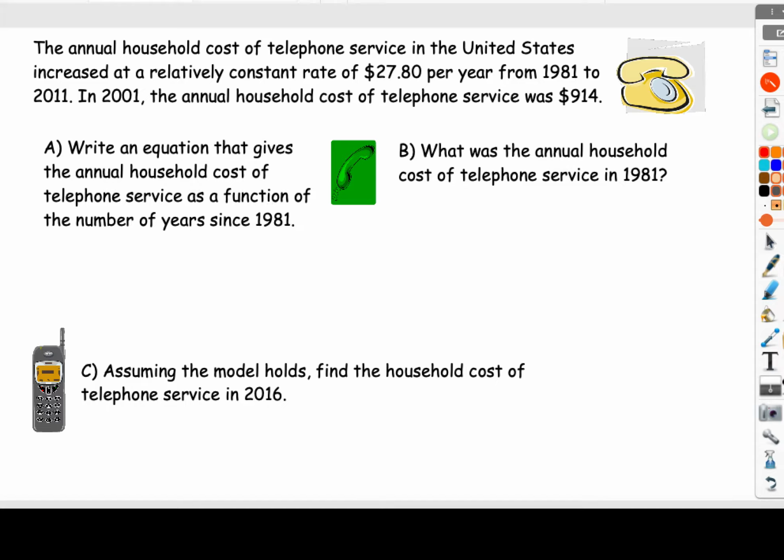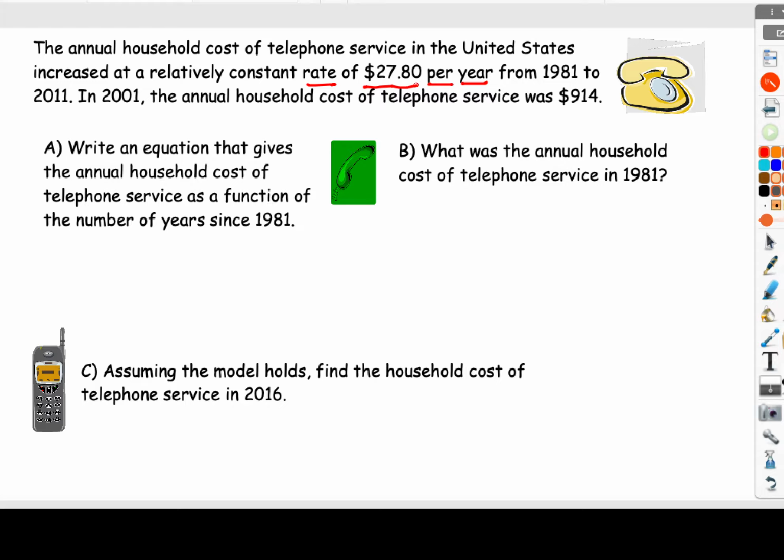So again, this first example: the annual household cost of telephone service in the United States increased at a relatively constant rate. Now that word rate makes me think, well, remember slopes can also be called rates of change. The other hint to us is that that rate is $27.80 per year. So as the years go up, so does the money, right?